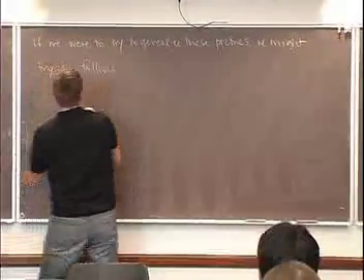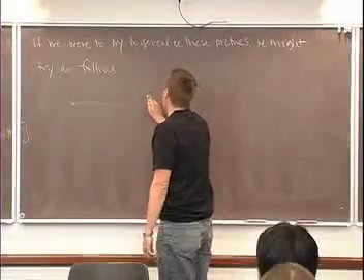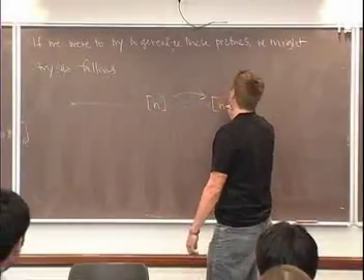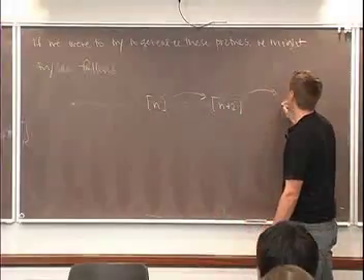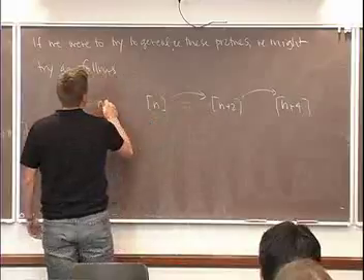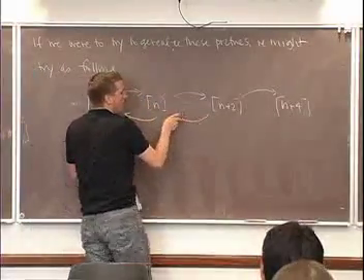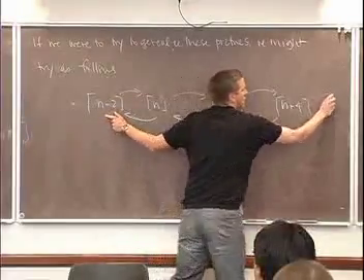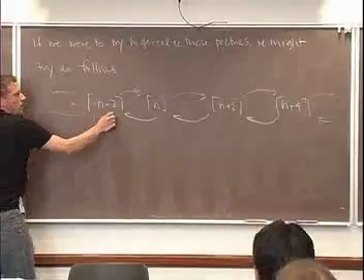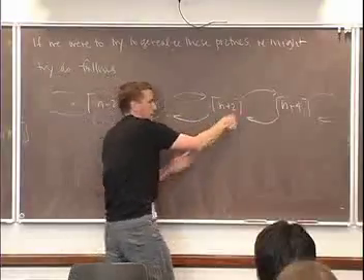We know that h has to act semi-simply, so we have an n weight space, and we know that x has to take this up to the n plus 2 weight space, and then to the n plus 4 weight space, and y takes it down to the n minus 2 weight space. We know that x has to go this way, y has to go this way. And if we're trying to generalize things, we know that h acts by n minus 2 in this weight space, n in this space, n plus 2, and so on forth.